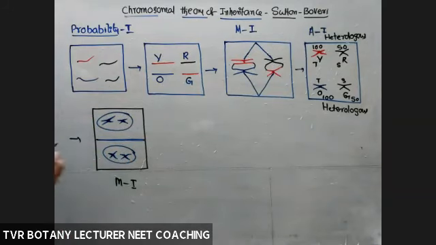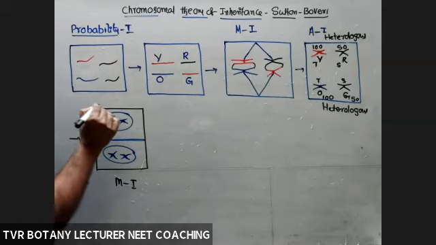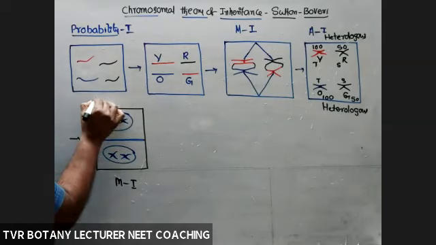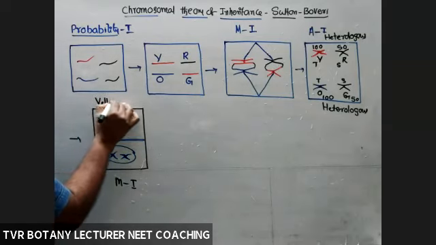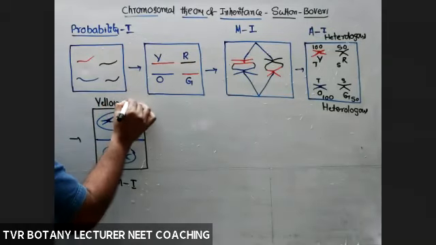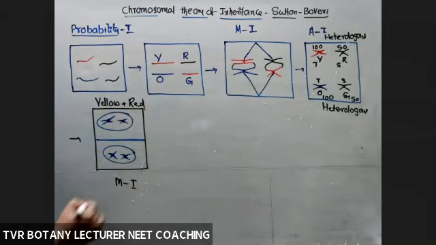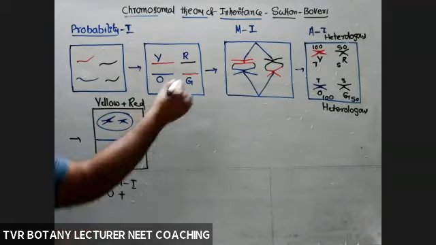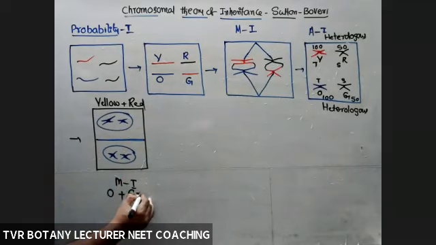So in this cell, here I am writing yellow chromosome segregated with the red chromosome, and this orange one segregated with the green chromosome.